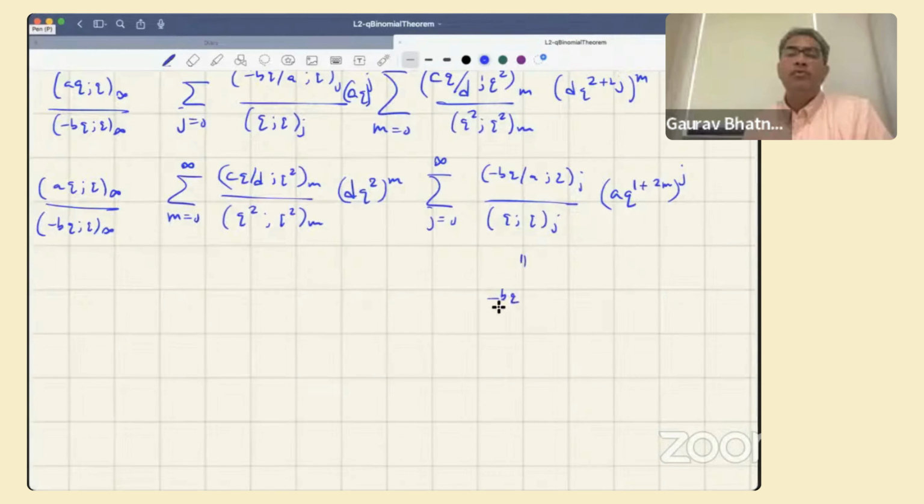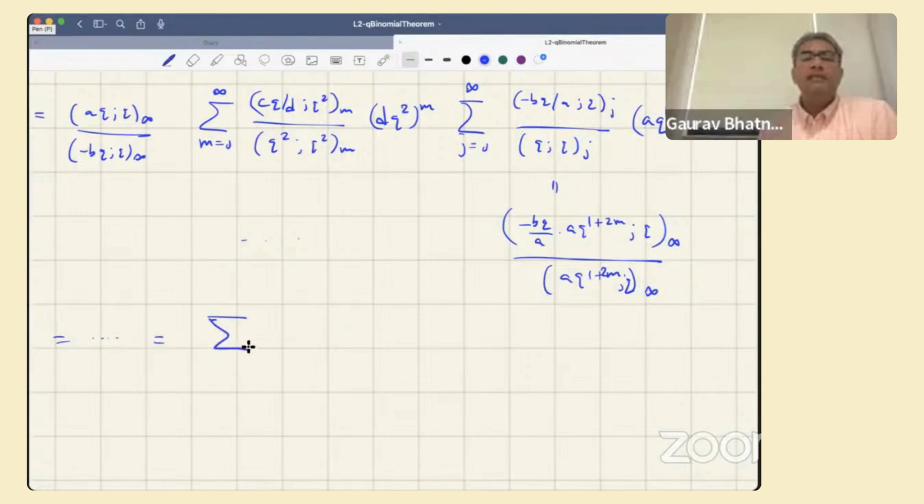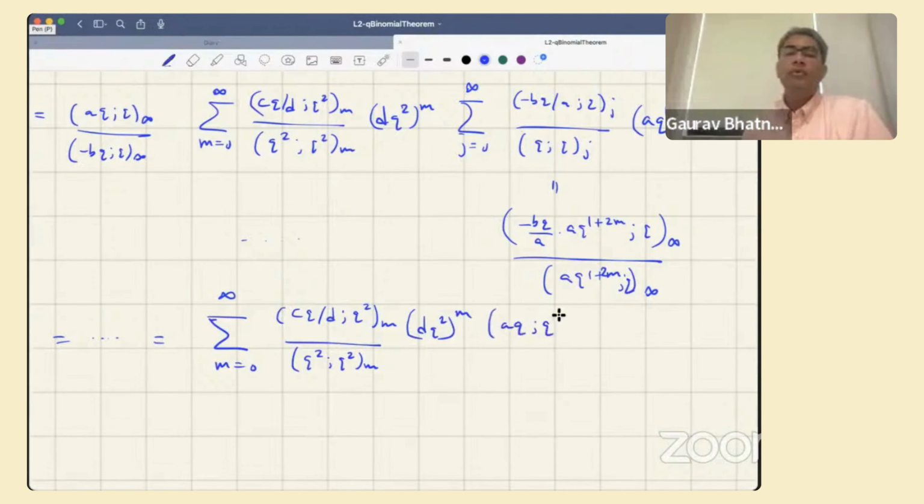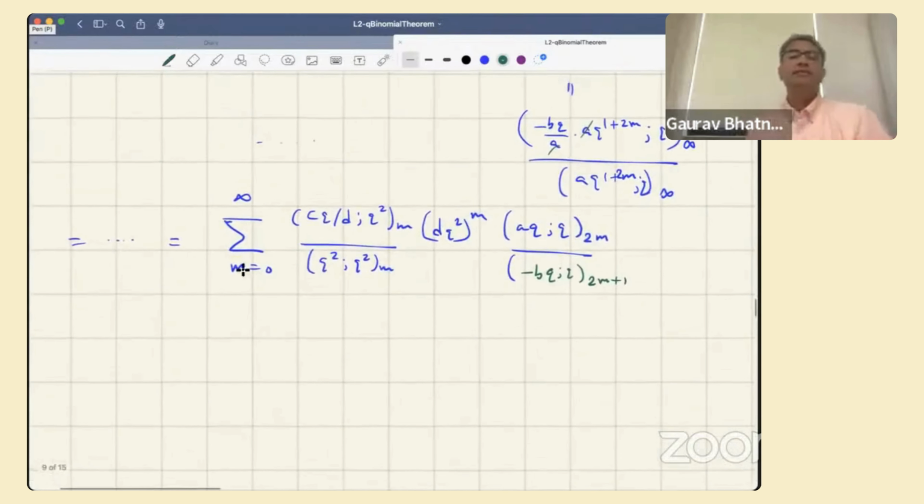So this, I will put an equal sign and say this is equal to m going from 0 to infinity, cq over d, q square m, q square m, d q square to the m, and these guys will lead to a q, q 2m, and this a cancels right here, minus bq, q 2m plus 1. Right, and that gives you the right answer.